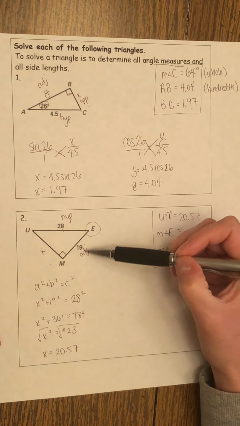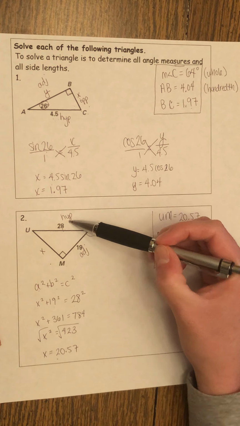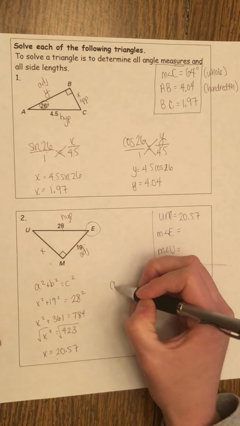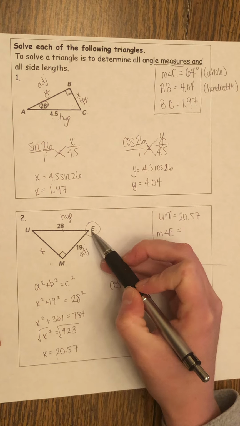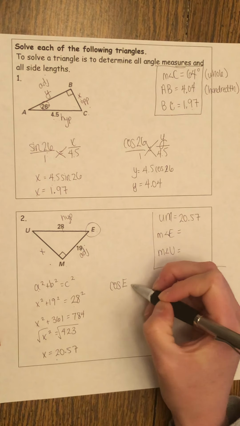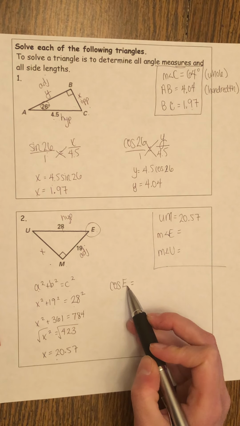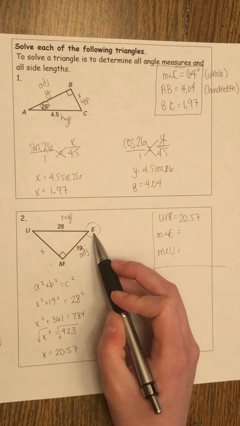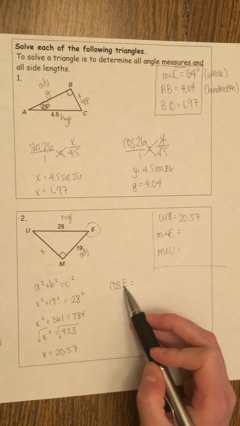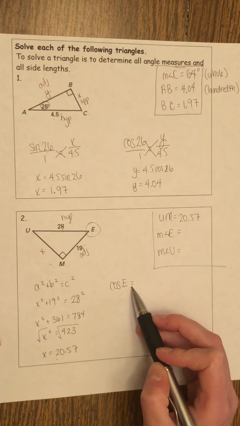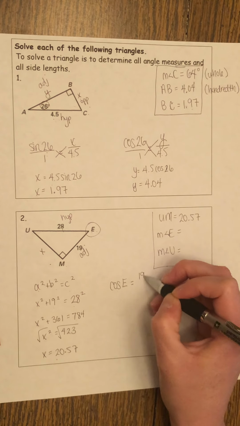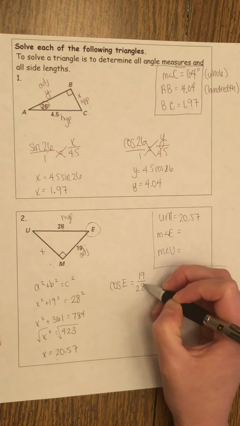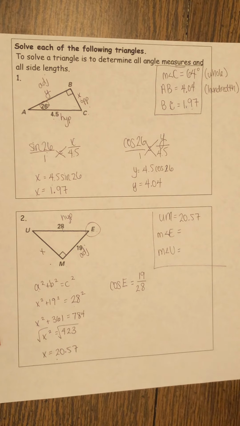What trig ratio deals with adjacent and hypotenuse? Well, that's cosine. The cosine of this acute angle, which at the moment I don't know what number it is, so I'm just going to use the vertex letter. The cosine of angle E equals, cosine is adjacent over hypotenuse.